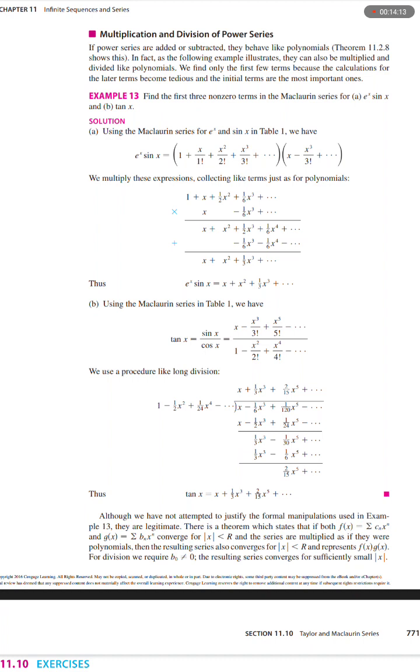For division, we require b sub 0 not equal to 0. The resulting series converges for sufficiently small absolute value of x.